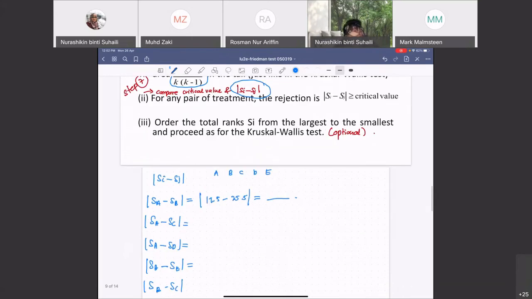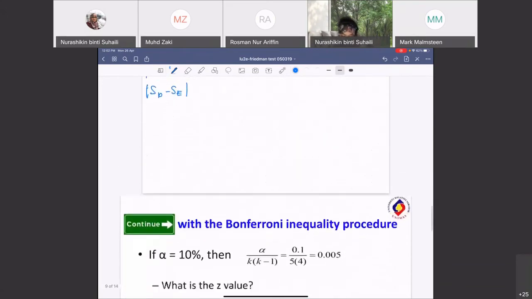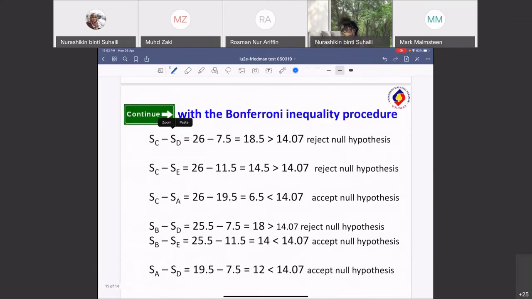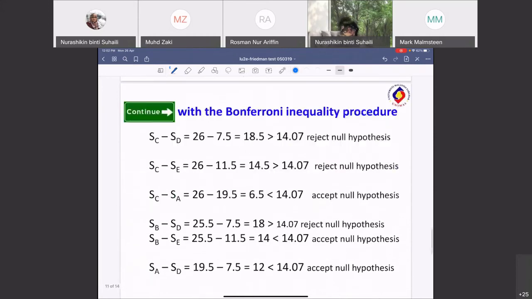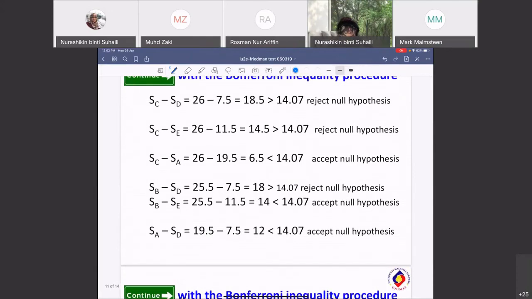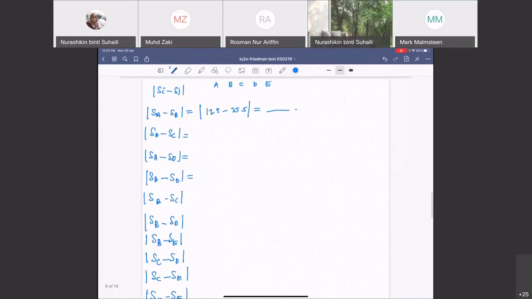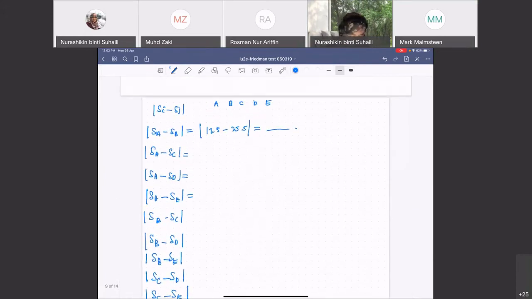So this value, for example, here is supposed to be 6. SA, SC.